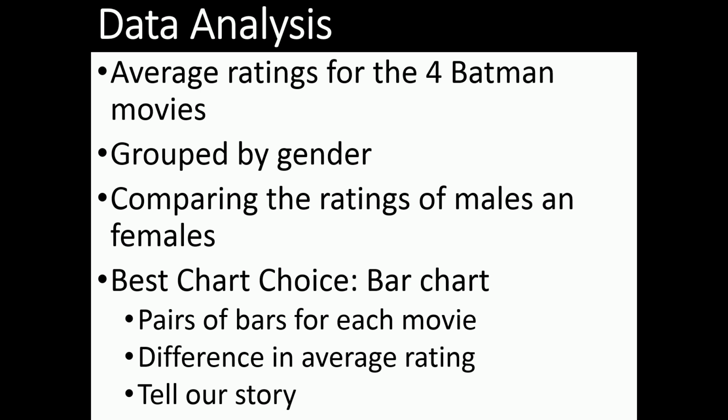And then I can tell the story after I've created the chart and see if the story matched up to what I thought might be the case. And the story, remember, is just an explanation as to the reasons why the chart looks the way it does. So at this point, I can create my summary table that will then create the chart that I want, knowing now that I want the average ratings for the 4 Batman movies, and I want to group them by gender, because I want to be comparing the ratings between.